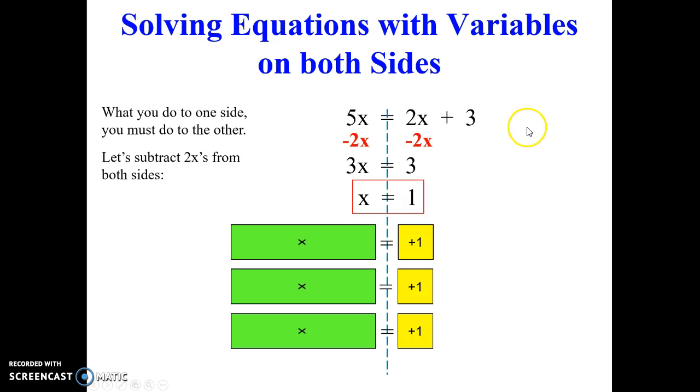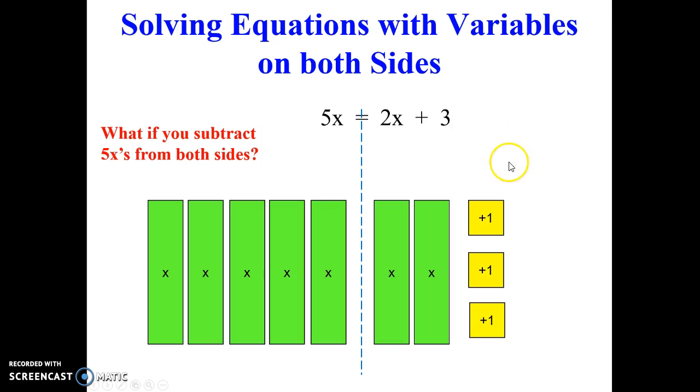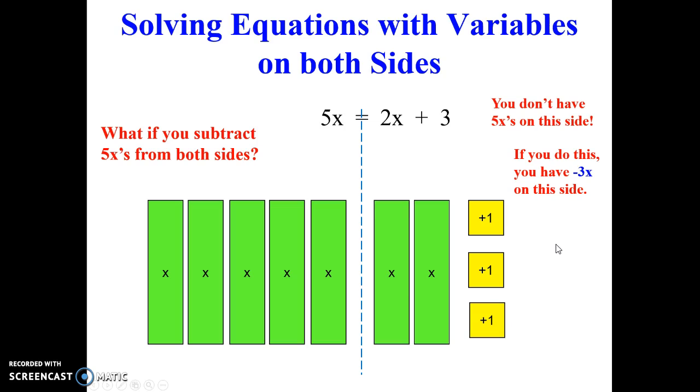Now, here's the question. People will ask me, what if you subtract 5x from both sides? It can be done. On this side over here, you don't have 5x's to remove. So if you go ahead with removing 5x's from both sides, this side gives you negative 3x.